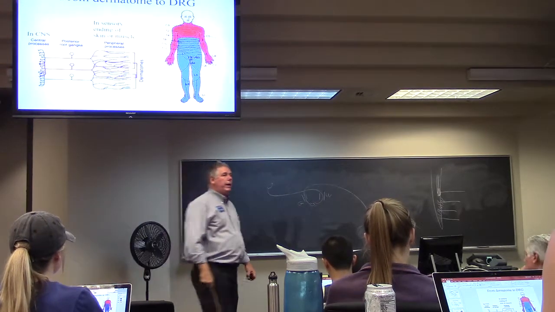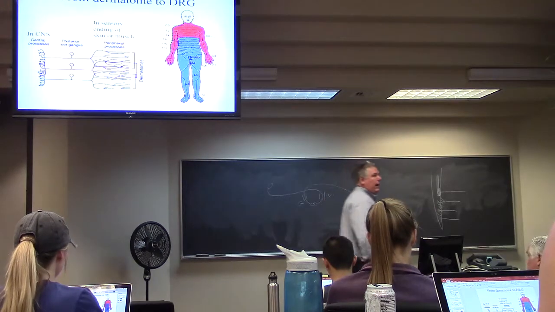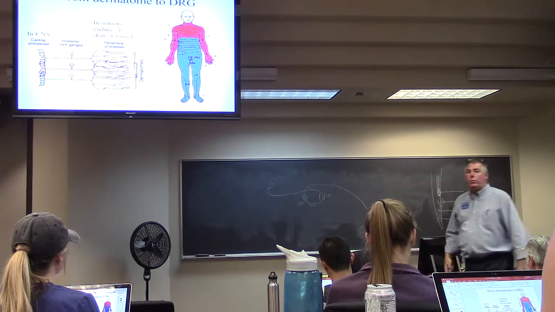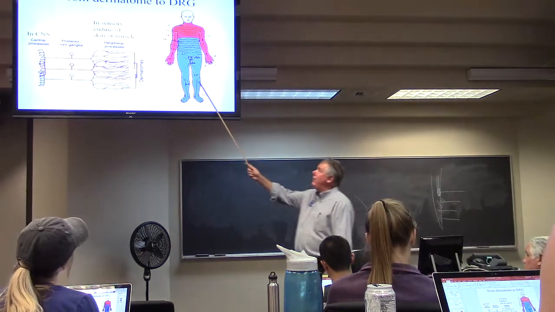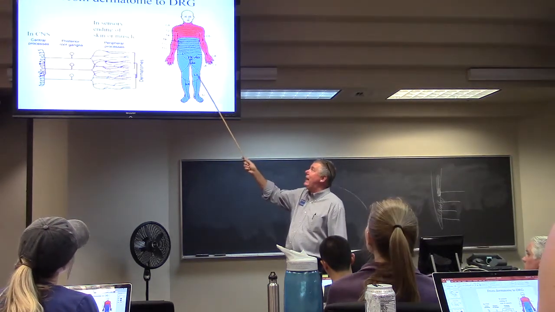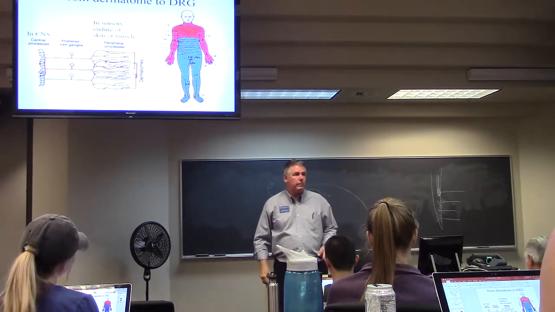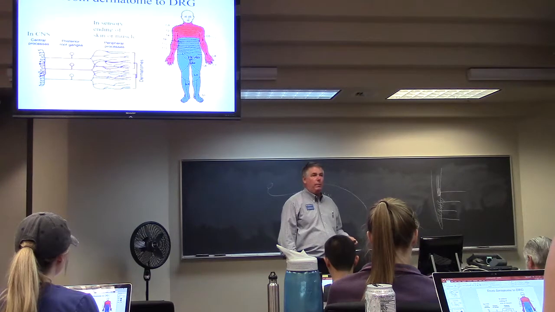So when you go looking at a spinal cord injury at, say, L3, you're not going to find this area is anesthetic. It's going to be much more diffuse. That's the point I'm going to make.